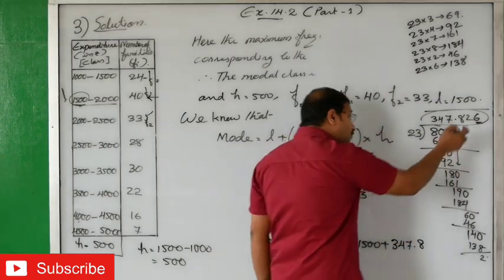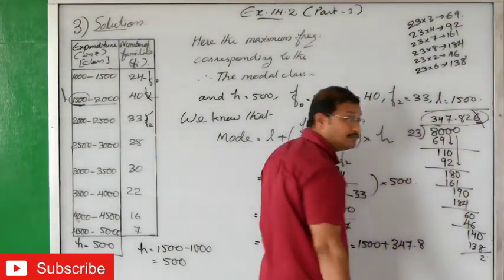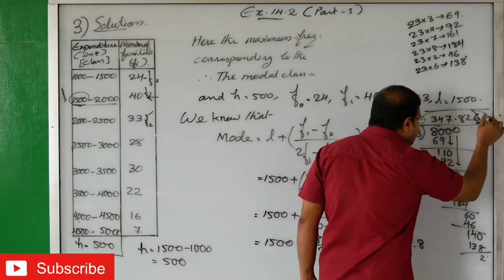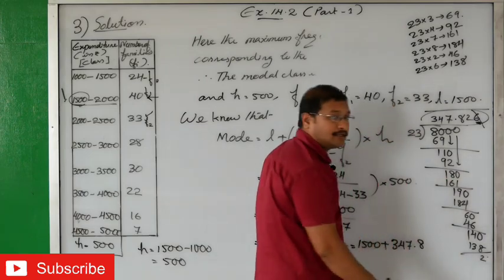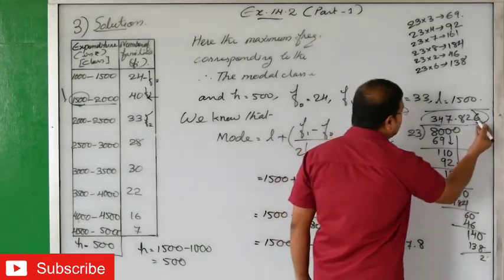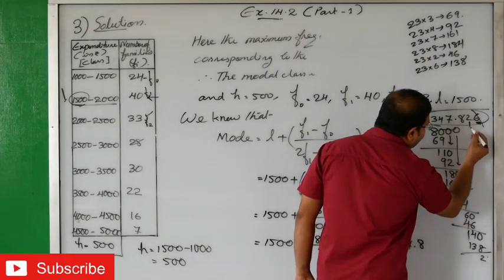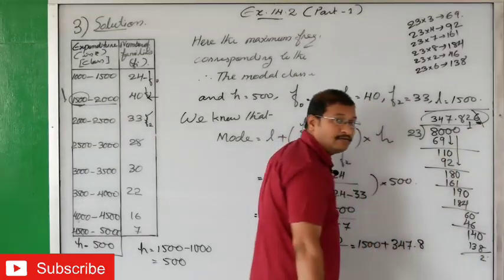More than 5 means if you remove this 6, what will do? 82 will become 83. Why? Because the last number is more than 5. So if you correct the decimal, the last digit more than 5 means we'll add 1 here. Means 82 will convert into 83, because the last digit is more than 5.